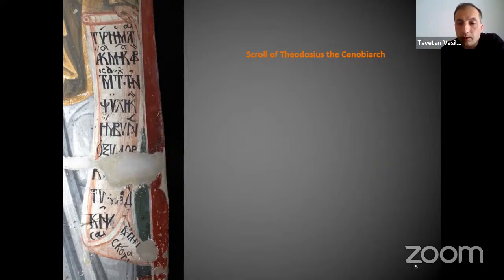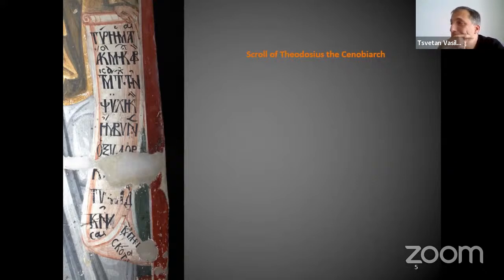What is a painter manual? It is called also Hermeneia. This is a private, let's say, text written by the painter himself, and it is a text that helps him to actually go in the church and write the inscription himself in the church.